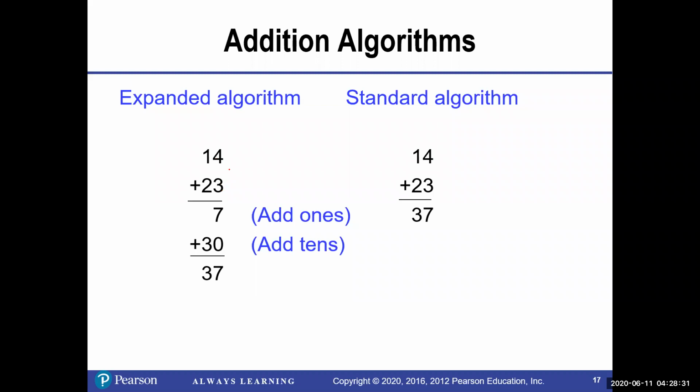So 3 plus 4 gives you 7. And then 20 plus 10 gives you 30, and together that gives you 37. Okay.